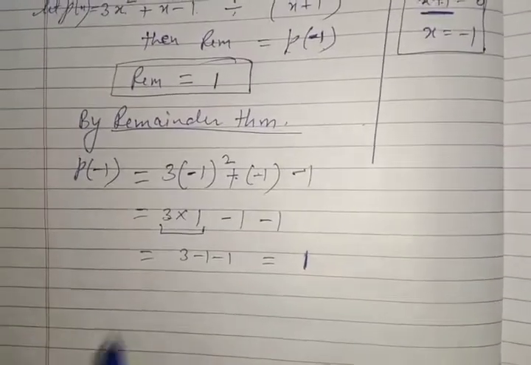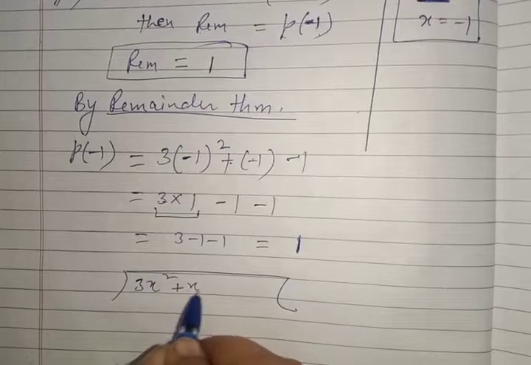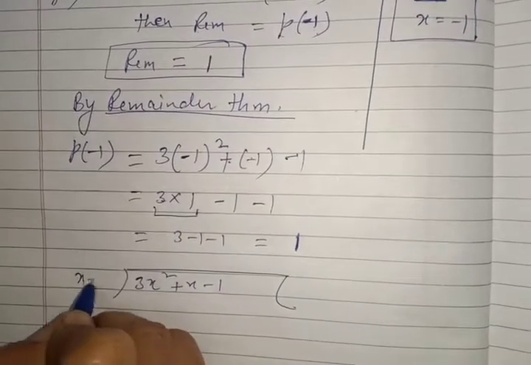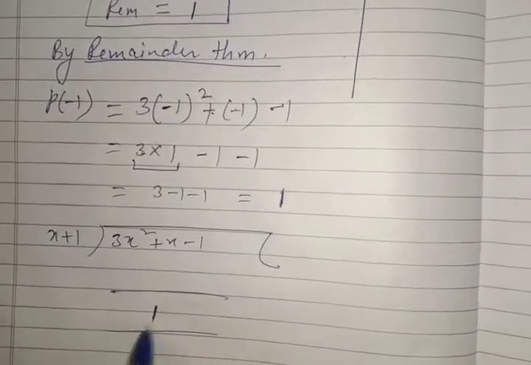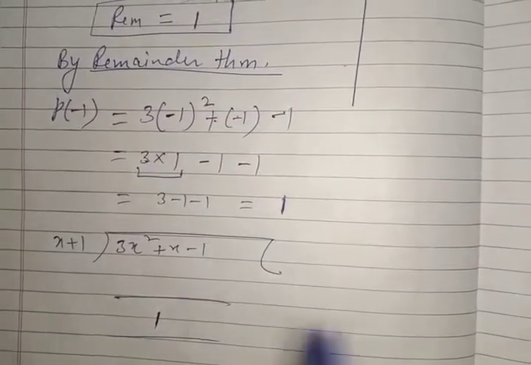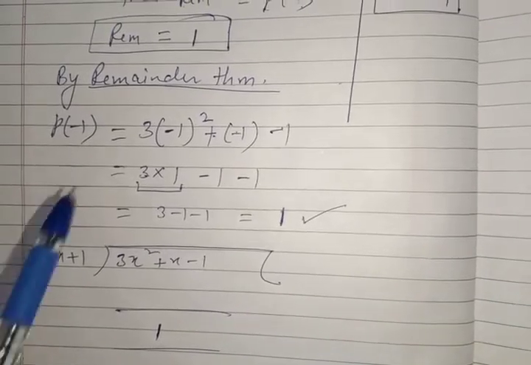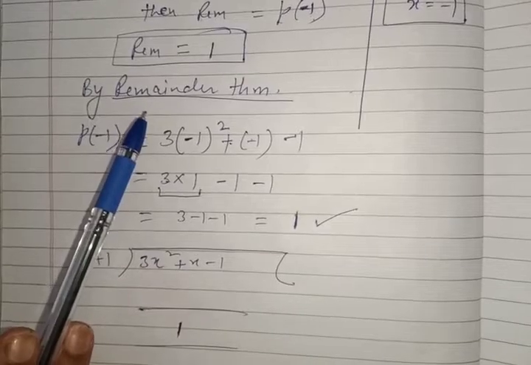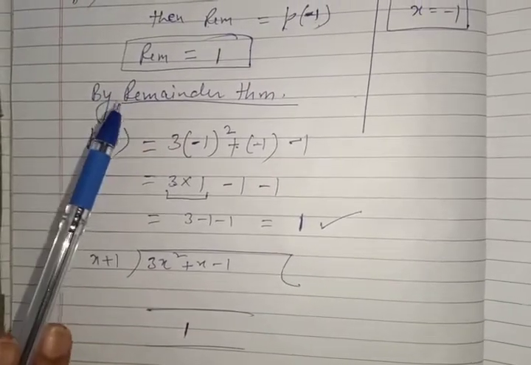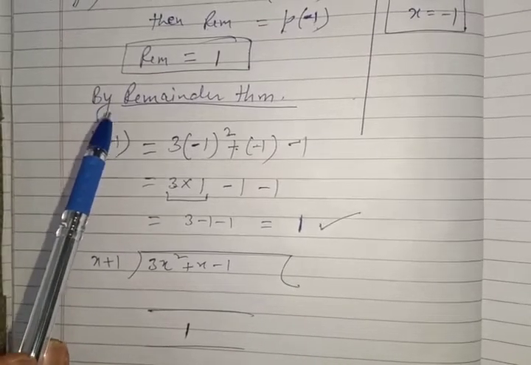If you remember, we have done this division 3x square plus x minus 1 by x plus 1, and we have done all the steps and we got the remainder is 1. So by remainder theorem also we can find remainder. That's why its name is remainder theorem. We cannot find quotient by this, we cannot find anything else by this, but we can find remainder. That's why this is known as remainder theorem.